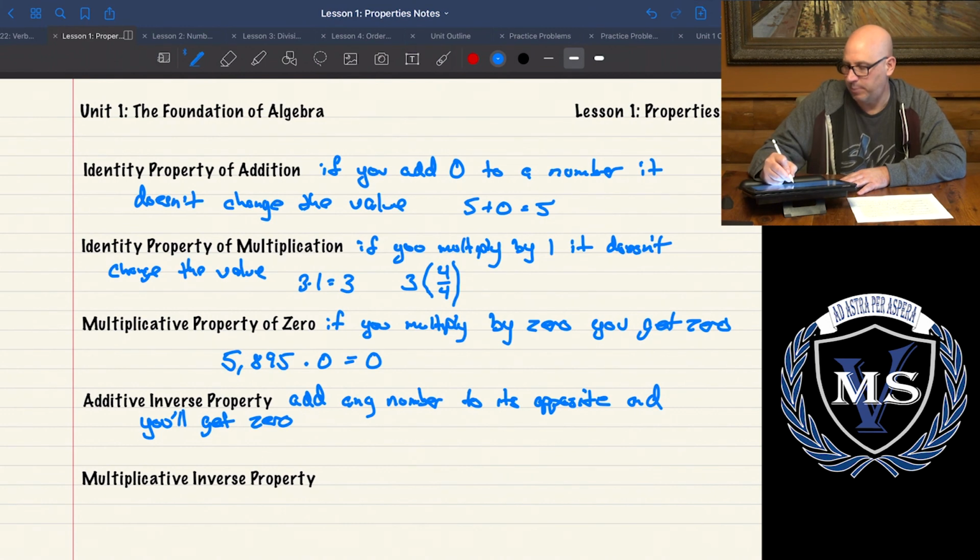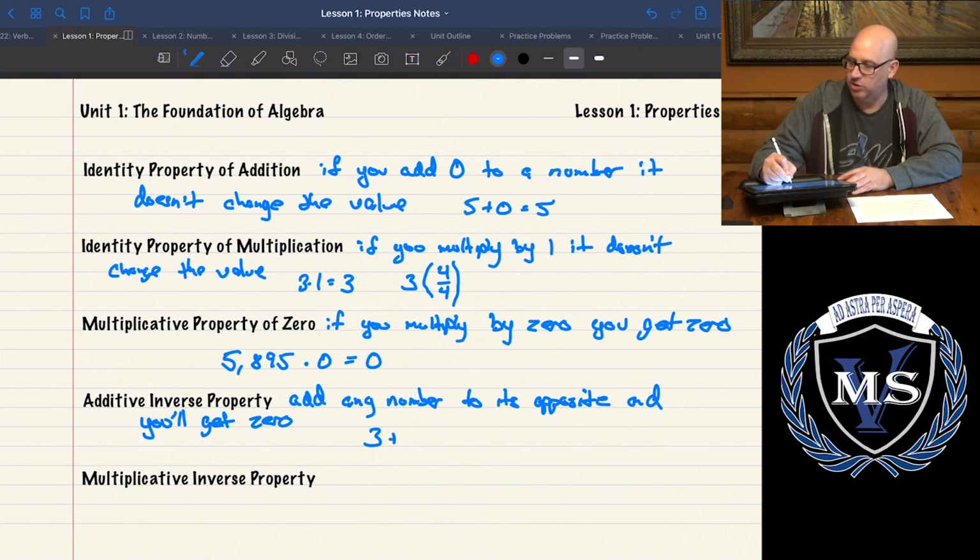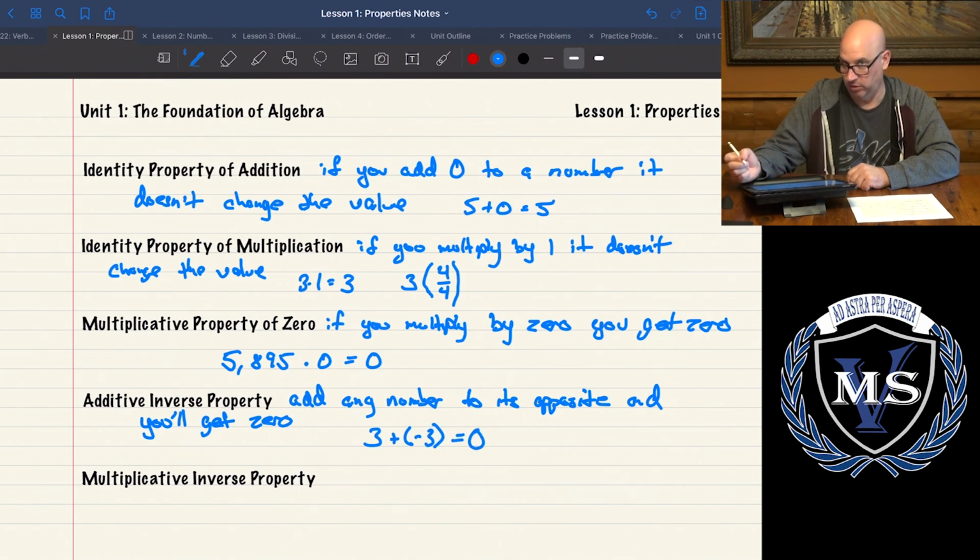So, opposite of a positive number is a negative. The exact same thing, opposite of a negative is a positive. But it's not just any positive or any negative. So if I have 3, for example, it's a positive 3. And I added to it its opposite, which would be a negative 3, the answer would be 0.